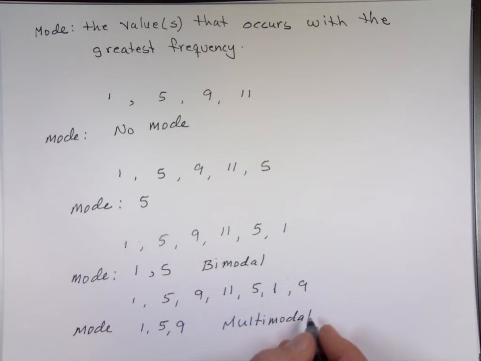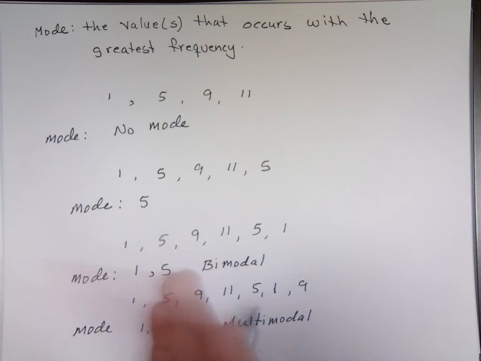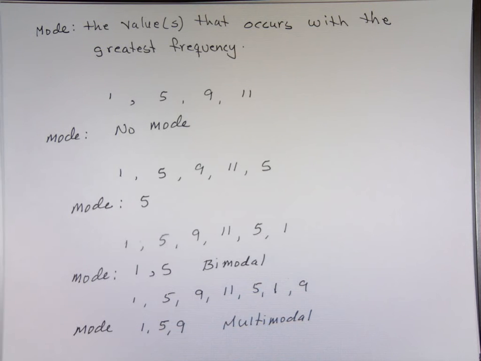So you could have no mode, one mode, two modes, three modes, 4, 5. Which one showed up more often? Here, the 1, 5, and 9 each showed up twice, more than the 11. The 11 only showed up once. That's why we have modes here. Here, each one showed up once. None of them is a mode. So if they all show up twice, to go back to no mode? Nope, there's a mode now because they're more frequent. If each one showed up twice, each one of them is a mode because it showed up more than once.